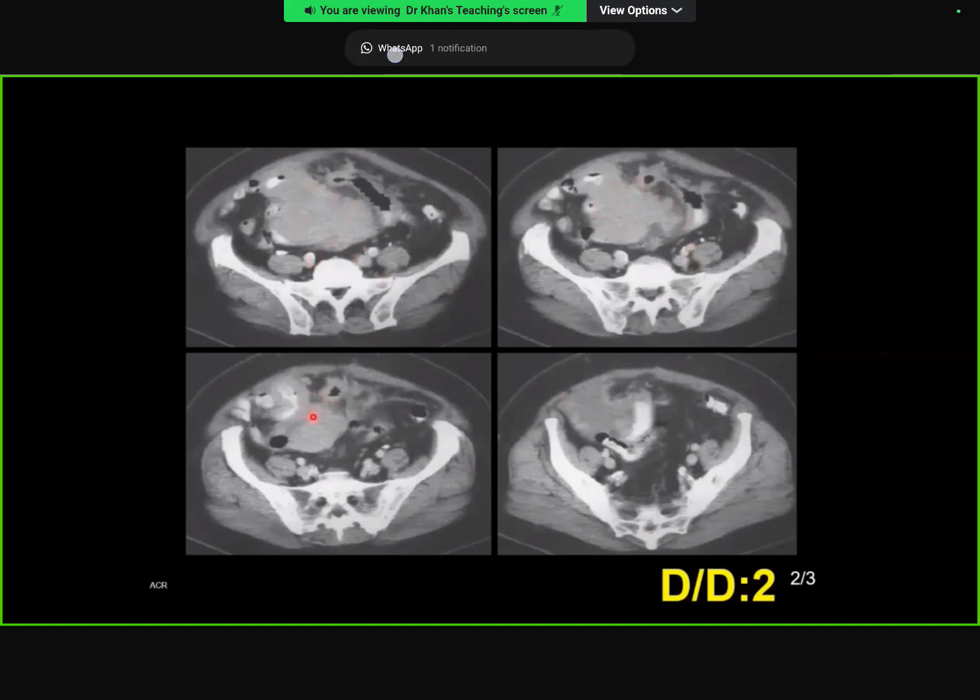So again, there is a soft tissue density that is sitting on the right side of the abdomen, displacing the bowel loops, and it's in very close proximity to the small bowel. It's in the mesentery, I'm thinking.